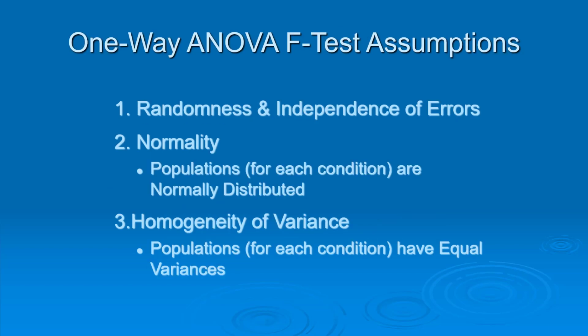In the next few slides, we will discuss the overall F-test in one-way analysis of variance. We will look at the assumptions, the statistical null and alternative hypotheses. We will see how to calculate the test statistic, determine the p-value, and how to interpret the results.